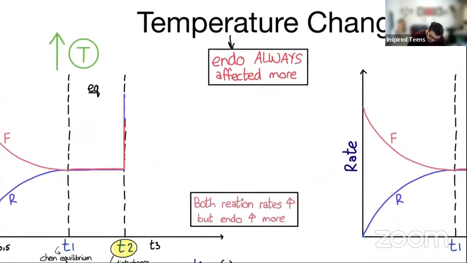And in our specific example, the endothermic reaction is the reverse reaction. So because endo increases more, reverse increases more.